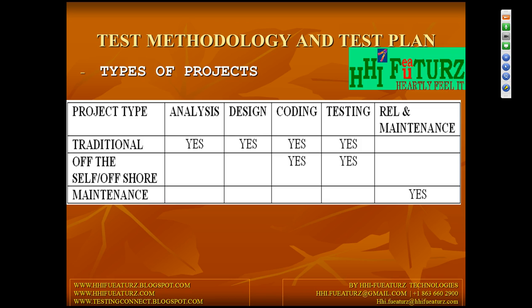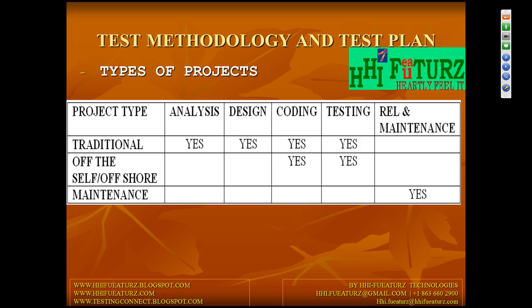But let us suppose a project maintains all these phases at a single location, only one office in one single location. That kind of project you can consider a traditional project.